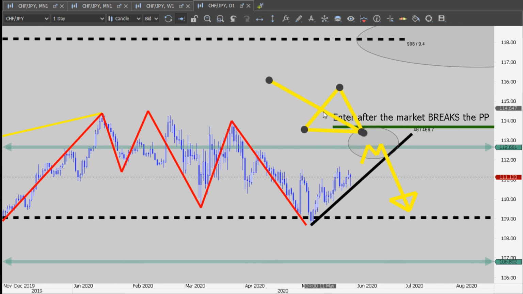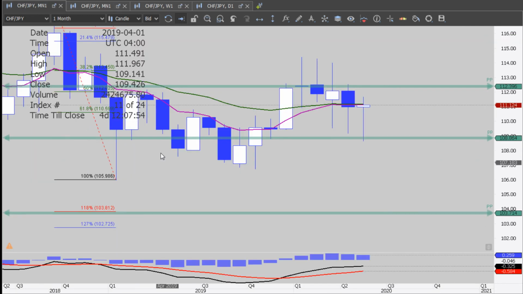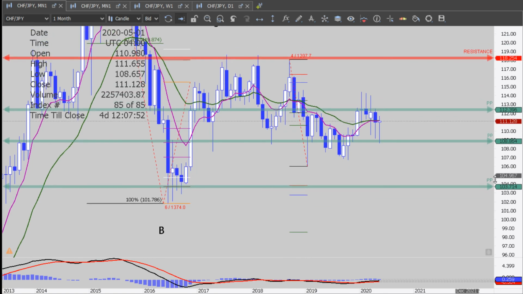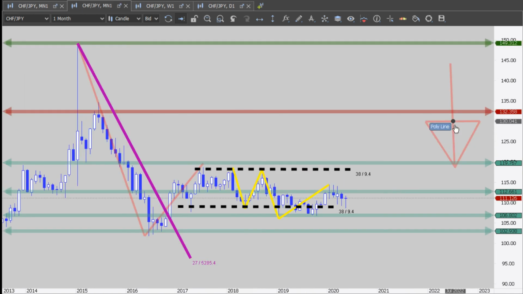Some of you wake up in the morning or in the afternoon, you open the platform and you go on the 2-hour chart or maybe daily, and you just buy or sell without checking the weekly time frame and without checking the monthly time frame. Some of you are still doing this. True or true? Let's be honest. True or true?